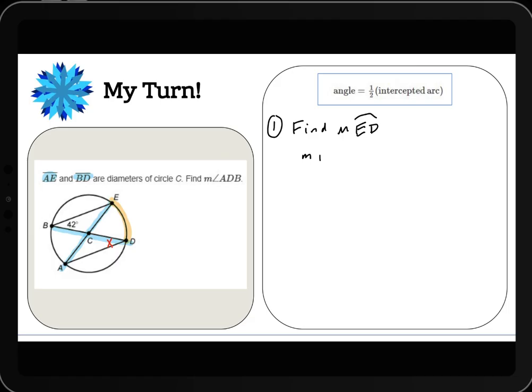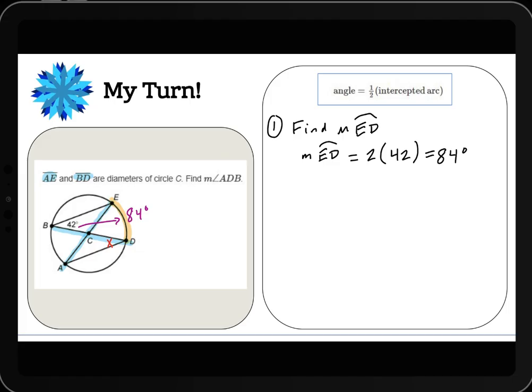The measure of the arc ED is going to equal 2 times the inscribed angle. You'll notice the inscribed angle for that particular arc is actually 42 degrees. So we end up with 84 degrees there for this measure. I'll write that right here. 84 degrees. See the relationship? The inscribed angle 42, and then we have 84 right there.